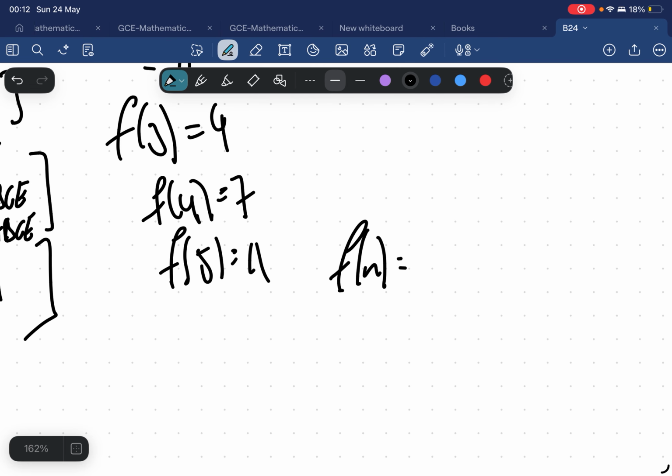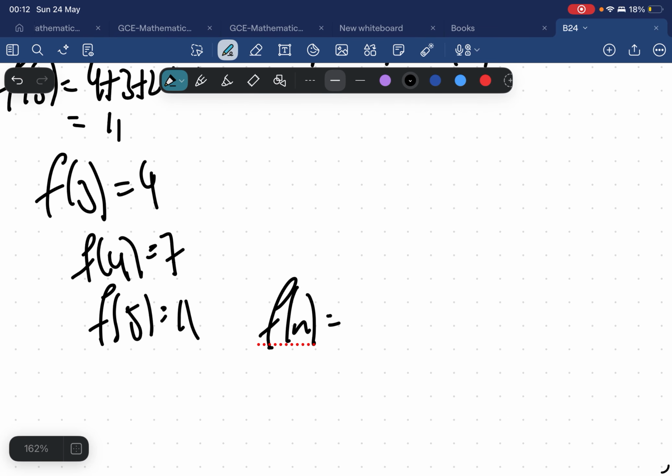Can I just say, actually, sorry, not in B. See that fn is equal to f1 plus n minus 1? Perhaps, is that?